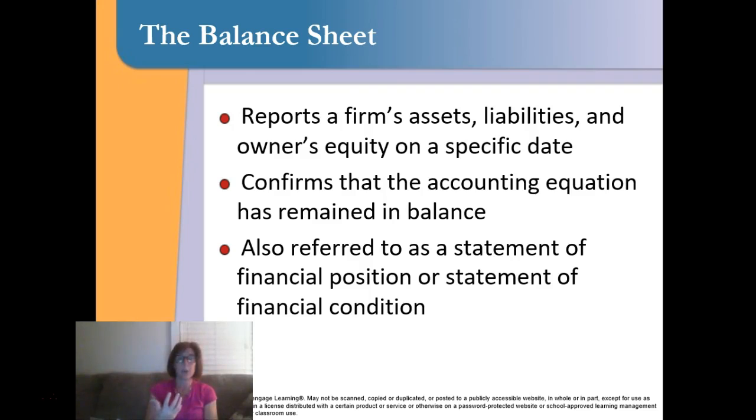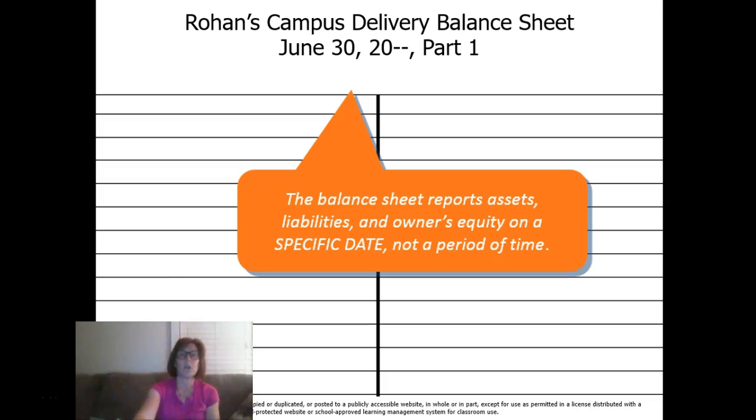And so now we get to our balance sheet. And again, you'll see that we're now going to take the owner's equity figure and confirm that we're correct in terms of our accounting equation. So our balance sheet, this is unlike the income statement, which is a snapshot in time.